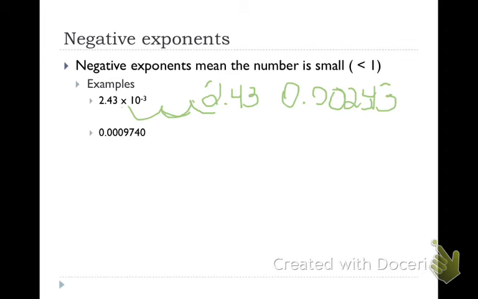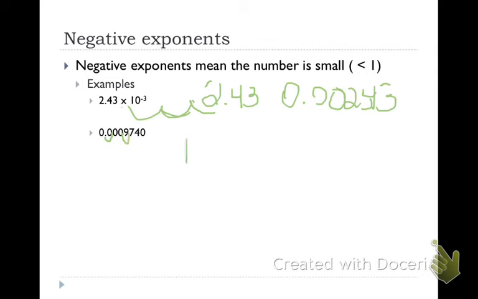Our decimal point needs to land between the first and second non-zero digit. The first non-zero digit here is 9 and the second one is 7. So we're going to move the decimal place over till it lands between those two. Alright, so let's try this. We have 1, 2, 3, 4.